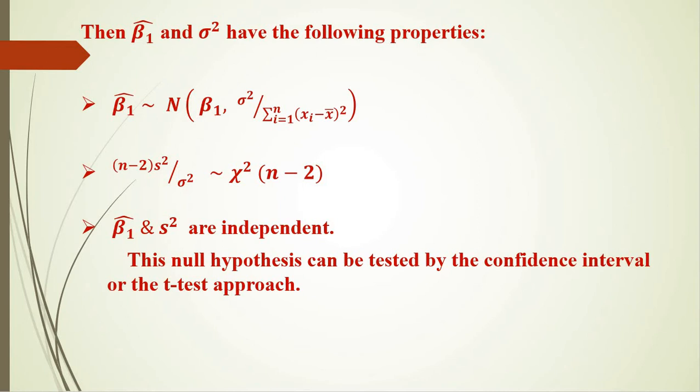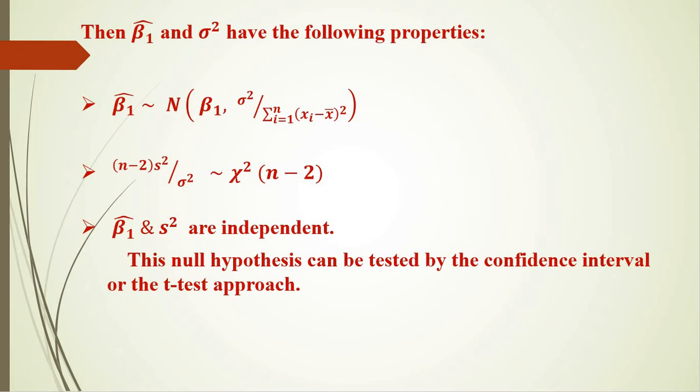Beta 1 cap follows normal distribution with mean beta 1 and the variance sigma square by summation i from 1 to n of xi minus x bar whole squared. This is the variance of the estimator beta 1 cap. And the ratio of the sample variance S square and the population variance sigma square follows chi-square distribution with n minus 2 degrees of freedom. So these are the properties of the estimators beta 1 cap and S square. And beta 1 cap and S square are independent.